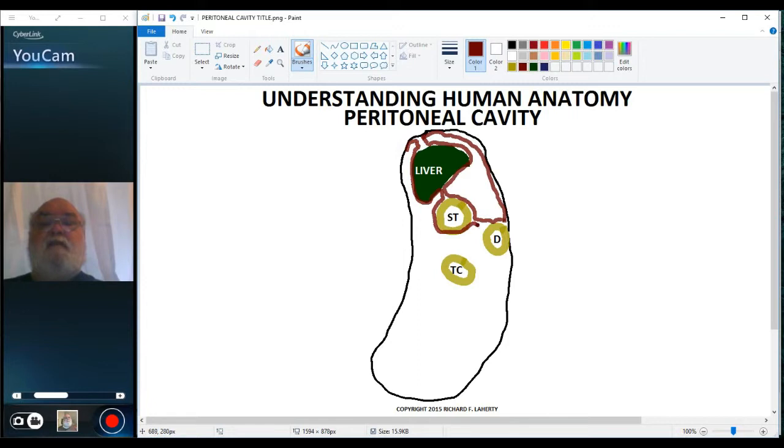Going around the dorsal mesogastrum, then going around the duodenum, now this again will be parietal peritoneum, and down to the transverse colon, like so.